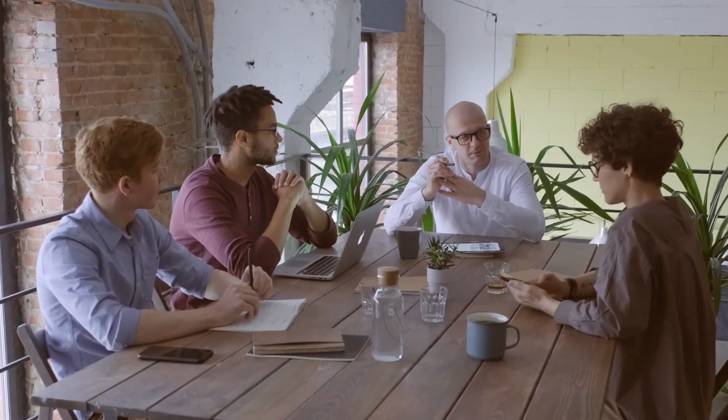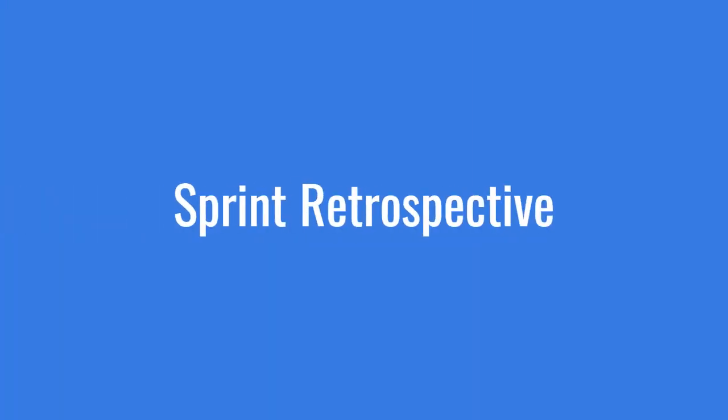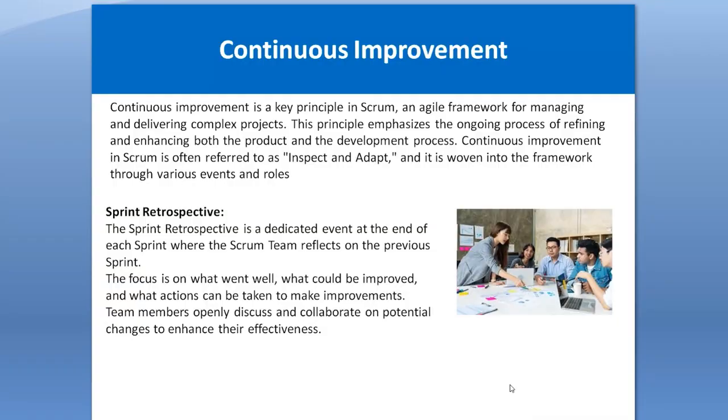Here there are different events, roles and responsibilities due to which continuous improvement is possible in the Scrum framework. First is the sprint retrospective. Friends, the sprint retrospective is an event in the Scrum framework in which the Scrum team, development team, the product owner, and the Scrum master participate after the sprint review session.